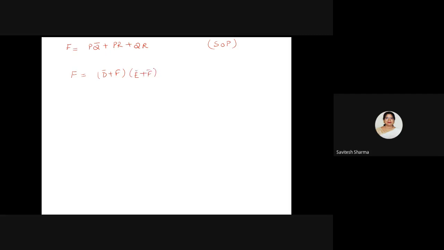So this problem, D bar plus F, we will solve here first. So this is our problem. What will we do? As I notice that this F is actually in a complemented form, I will take this term for treatment. I will apply a theorem that for any variable x, x plus 0 is equal to x.